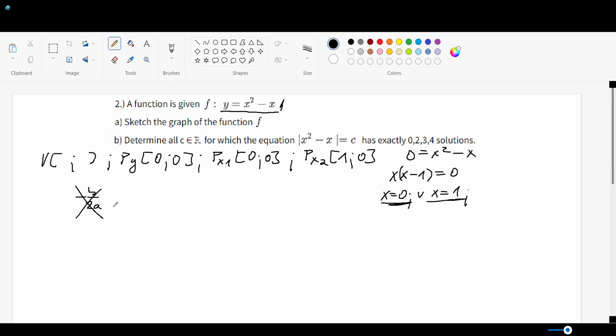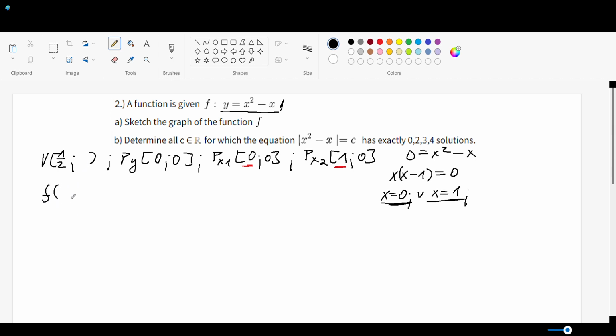The easiest way, without the formula, to find the x coordinate is because you know that the x coordinate is directly in the middle, in between these two numbers 0 and 1, which is in this case 1 over 2, or 0.5 if you want, though I don't like decimal numbers very much.